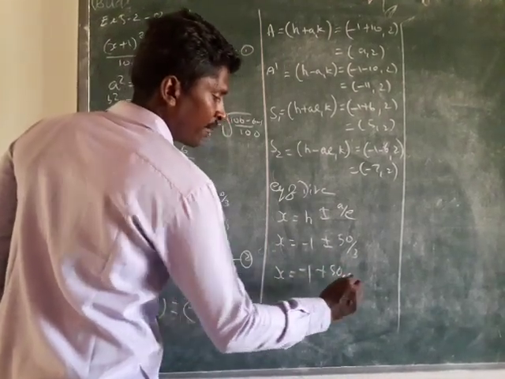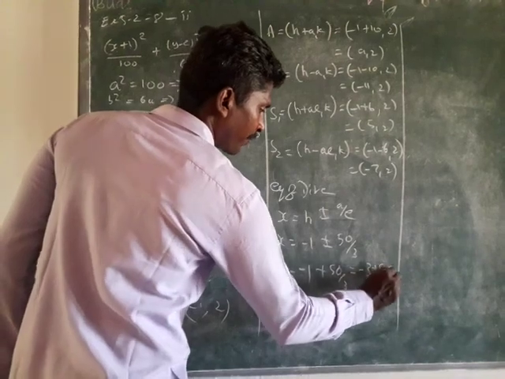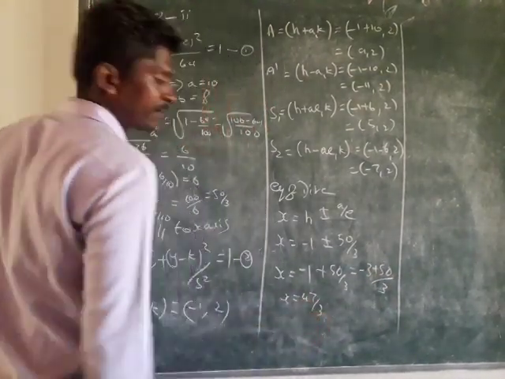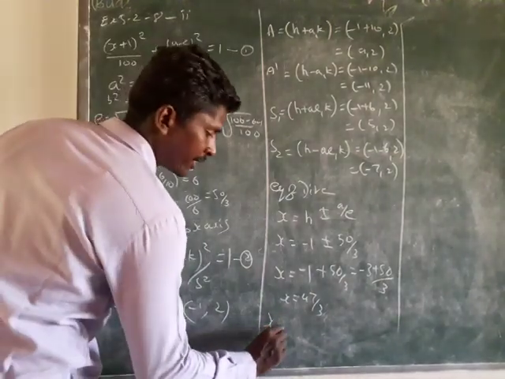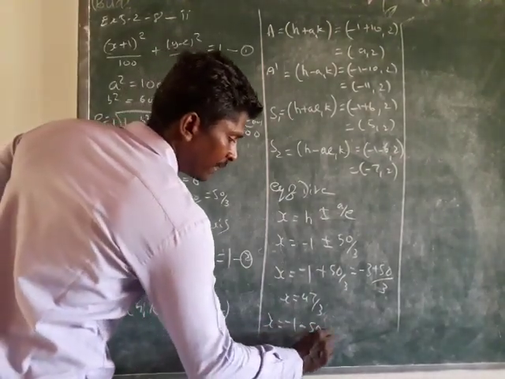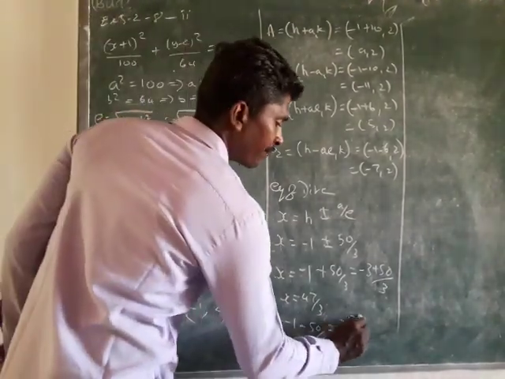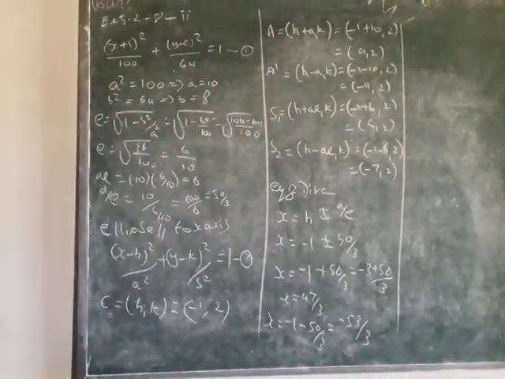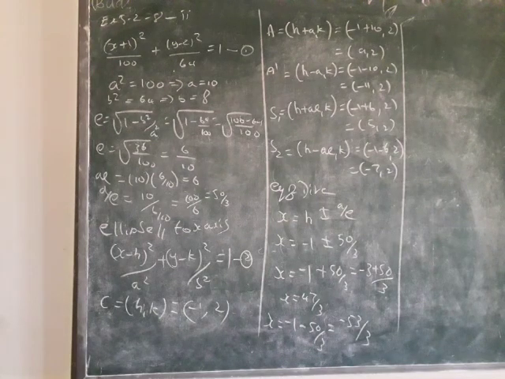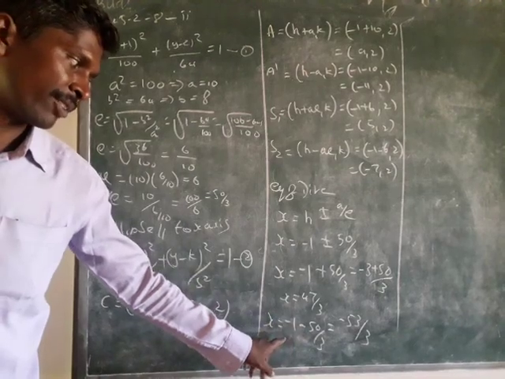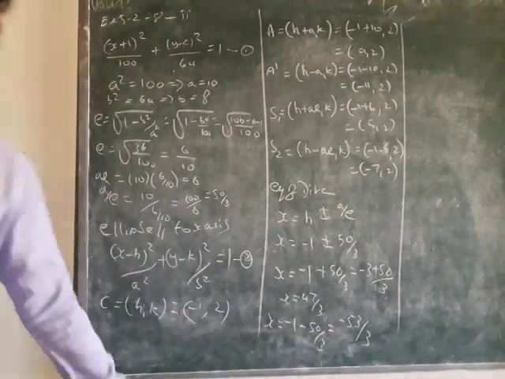Then cross multiplying, minus 3 plus 50 by 3, x equals 47 by 3. Suppose you take x equals minus 1 minus 50 by 3, then you get minus 3 and minus 53 by 3. These are the two equations of the directrices. So equation 1 is x equals 47 by 3, equation 2 is x equals minus 53 by 3.